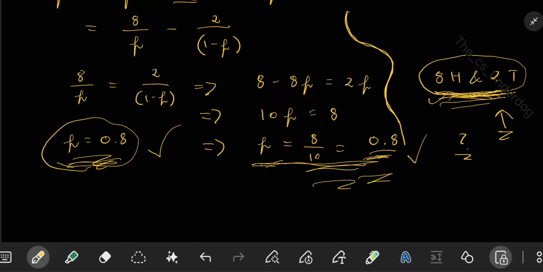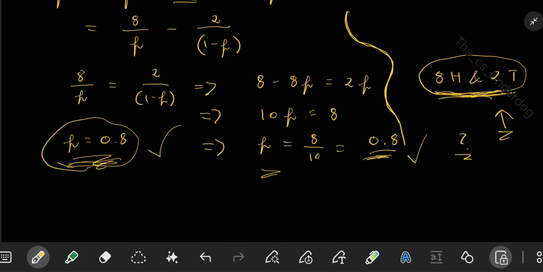Likelihood is not a probability distribution over p. So you should not interpret this as the probability that 0.8 is the highest. No, that is not the logic here. The logic here is, if you use your parameter as 0.8, then the chance of this particular data being observed is the maximum.